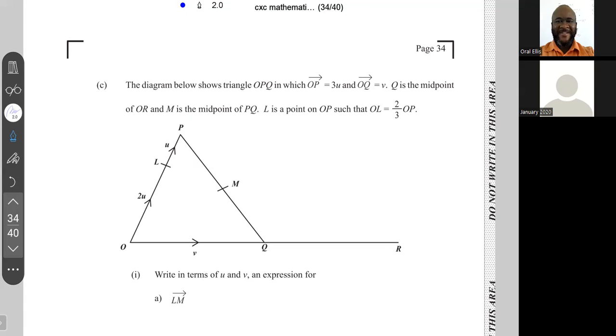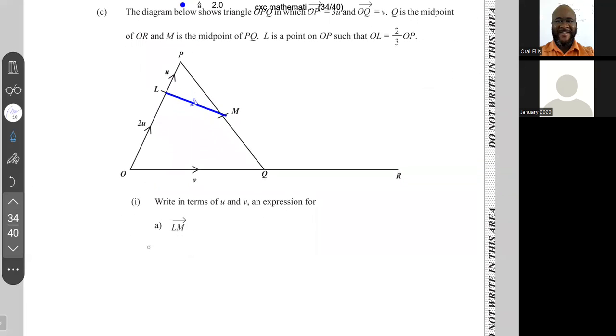It is asking us to write in terms of U and V an expression for LM. LM would be this vector here. All right, so that's vector LM.